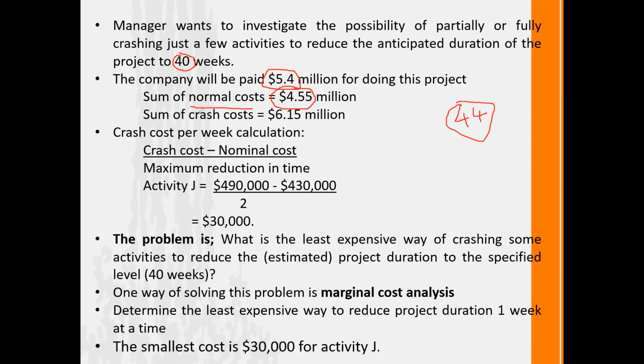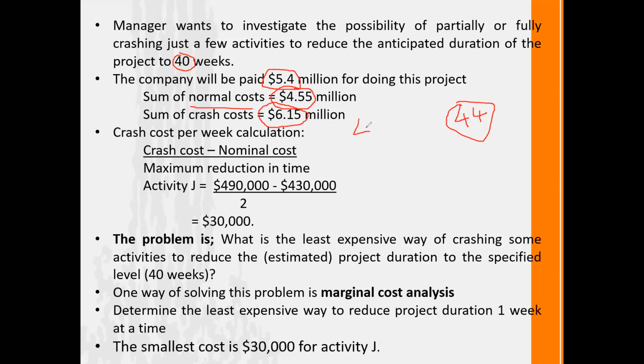But if we are making some crashing, though we don't know yet which activities, then our total cost is $6.15 million. Now we have two issues.